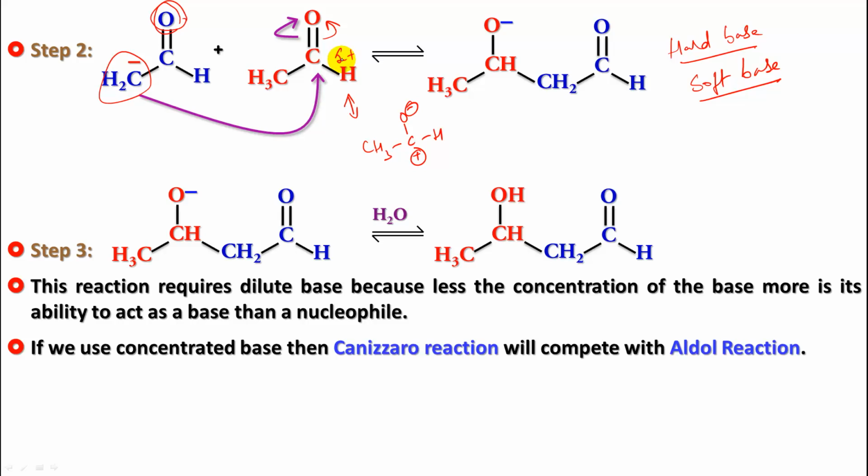It has only delta positive charge because the more contributing structure is this one. Whenever an atom has a small amount of positive charge, we call it a soft acid. If it has a large amount of positive charge, we call it a hard acid. Carbocations are hard acids because they have a full-blown positive charge in them, whereas this kind of carbonyl carbon is a soft acid.